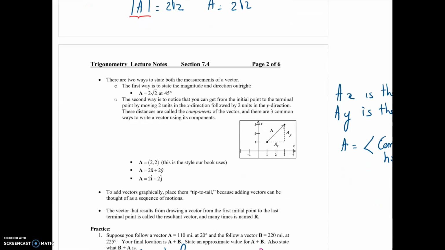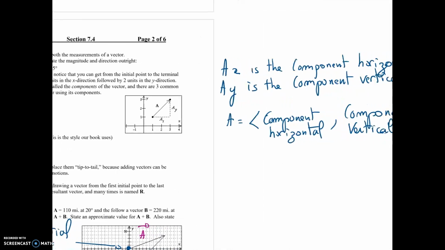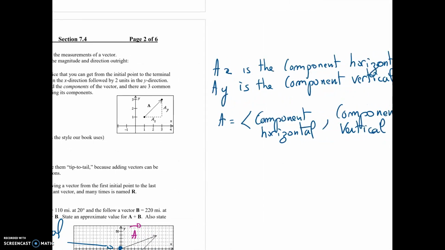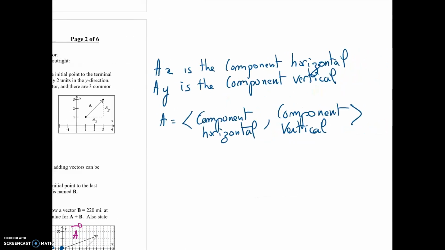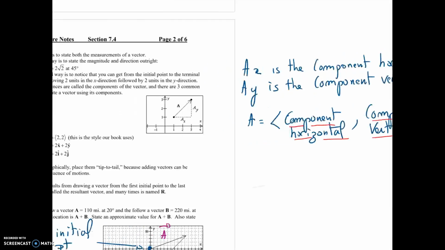On this second example, you need to understand that a vector is defined by two components, a vertical component, Ay, and a horizontal component, Ax. And when you express your vector, you always express the horizontal component and then the vertical component.